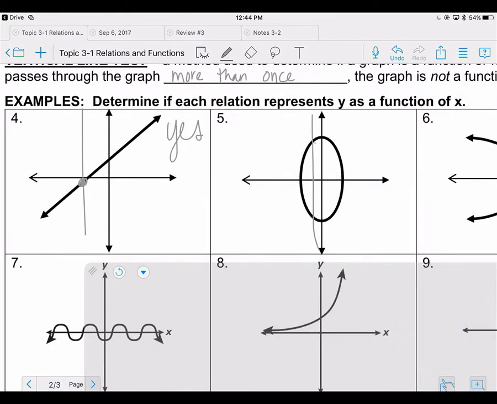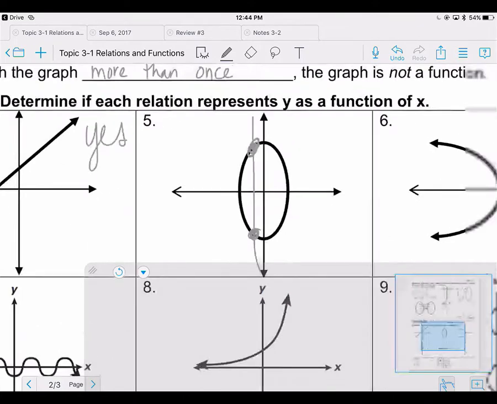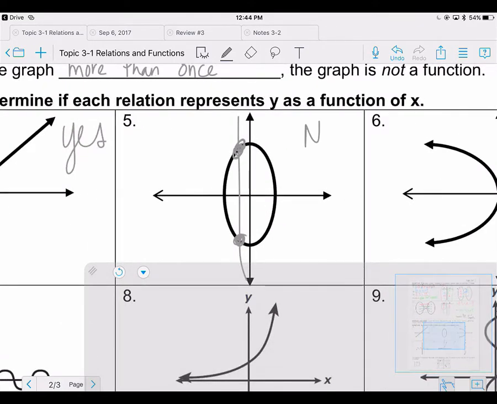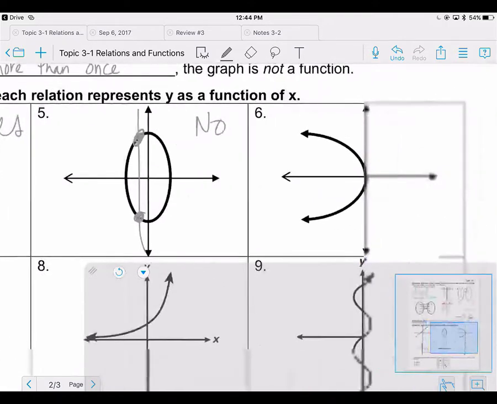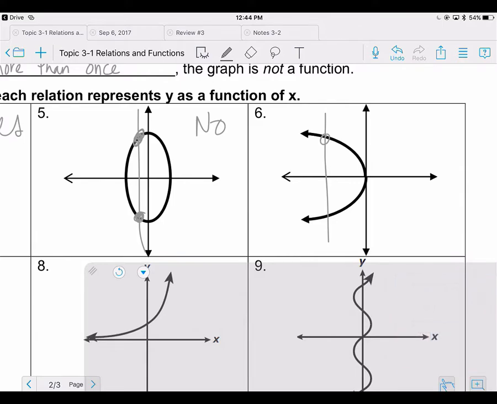On problem 5, when I draw my vertical line, it hits my graph 2 times. 2 is more than 1, so the graph is not a function. On problem 6, when I draw my vertical line, my line hits 2 times, which is more than 1, so it is not a function.